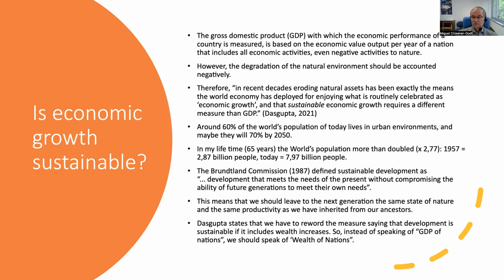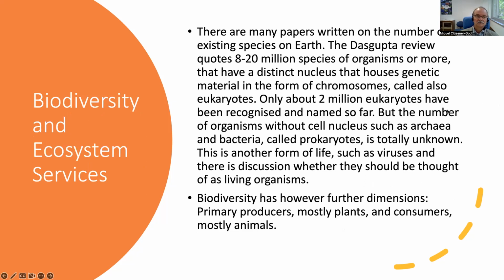So, as I said, GDP must maybe be replaced. Maybe we should not speak about GDP, but of the wealth of nations. Because this is really where the richness of the nation is, where we don't count any economic activity, but we count the positive activity.